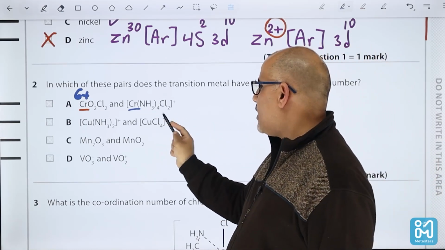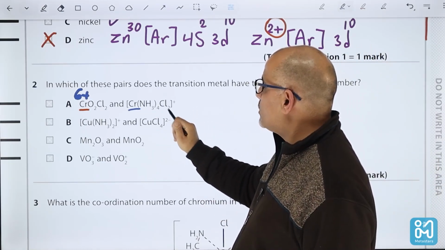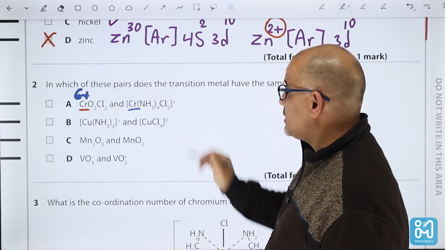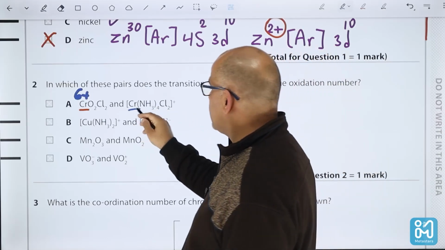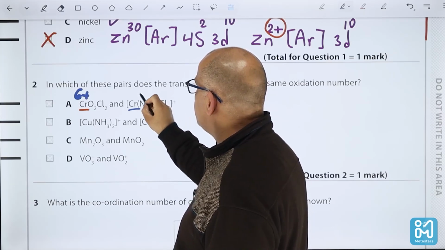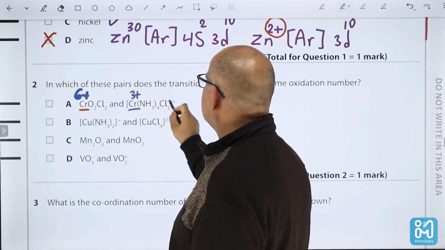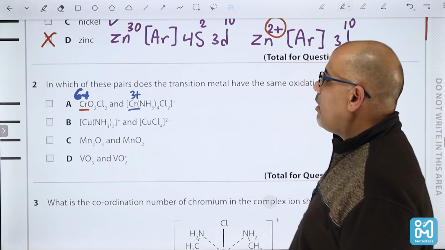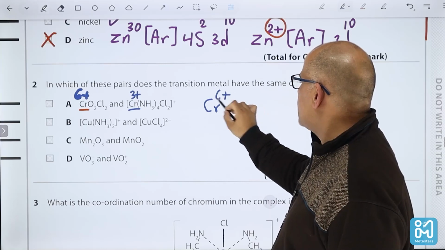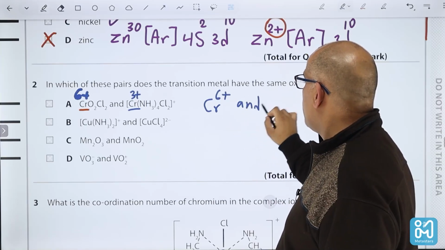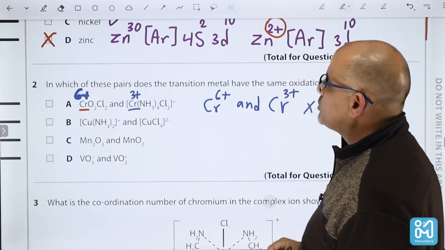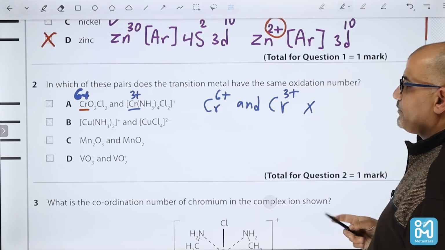So the total charge for the complex ion is positive 1, so the charge of chromium is positive 3, because it cancels with the negative. So they are not the same. We have chromium positive 6 and chromium positive 3, so this is not the case.